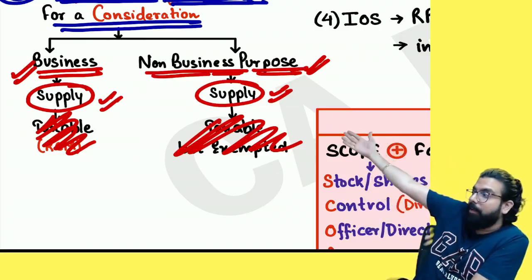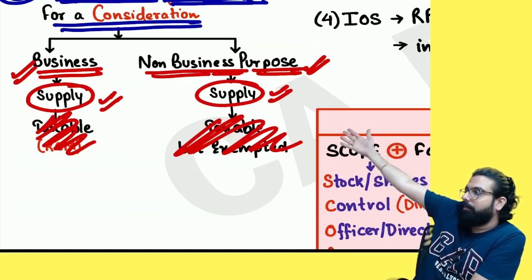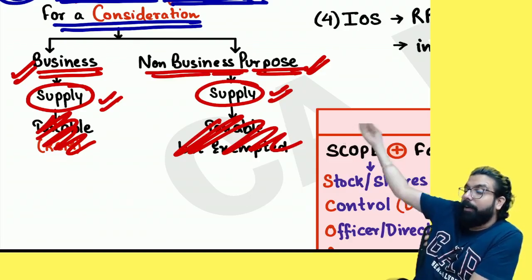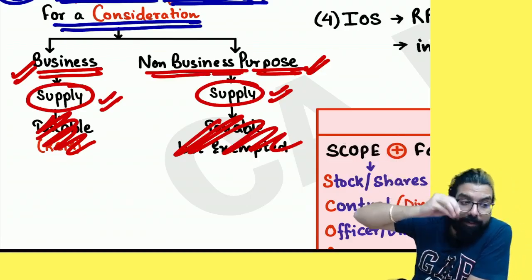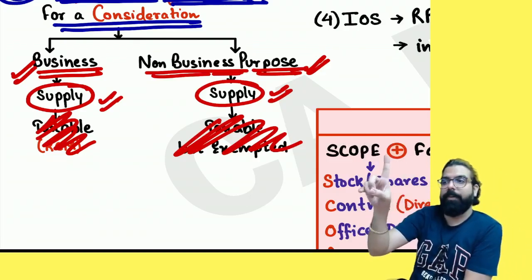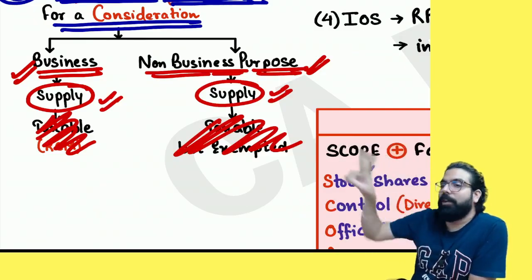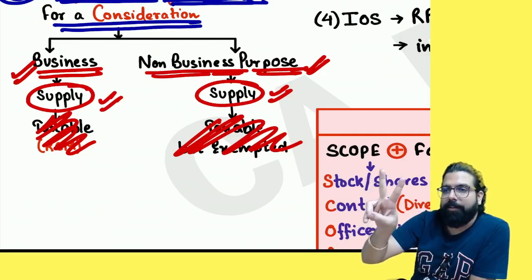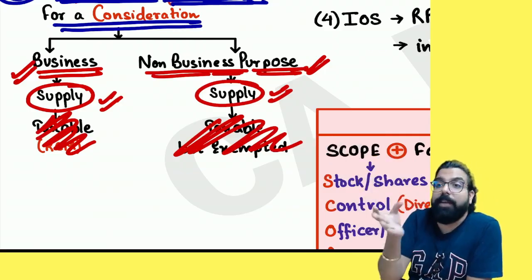Supply is outside India. Recipient is in India. Service given in India. Is it importation? I paid the lawyer $10,000 for a consideration. He gave me the legal service for my business.